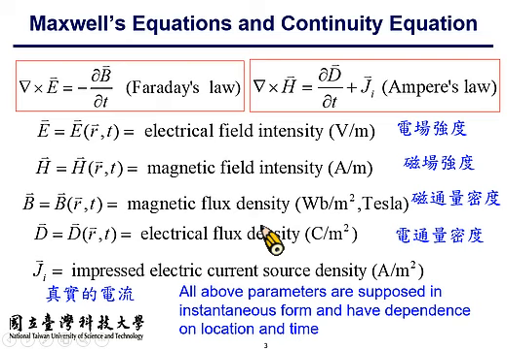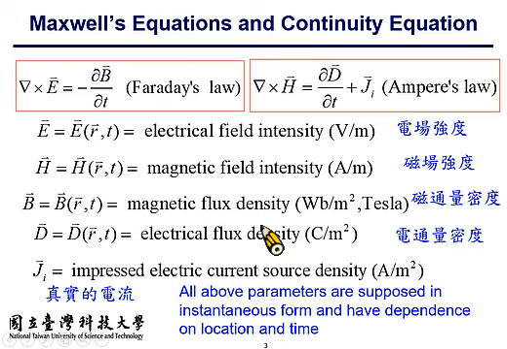For differential form, we are looking into the electrical field, magnetic field intensity, and the source relationship at a particular point. So when we write the differential form, we only look at a specific point and the relationship between the E and H fields at that point.